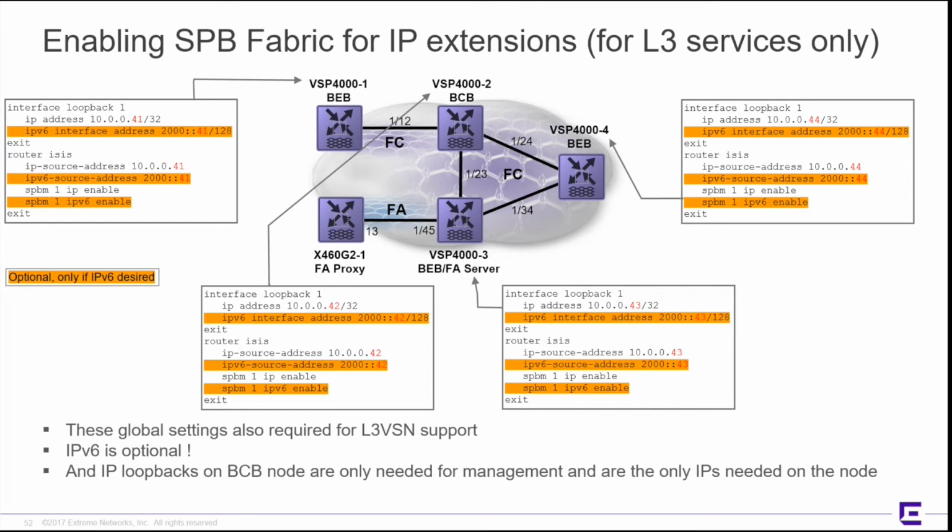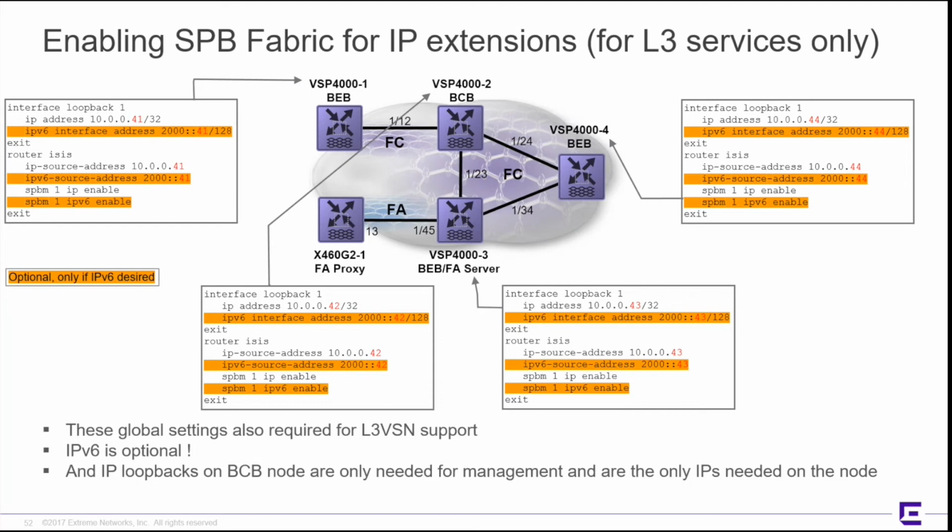Again, what you see highlighted in orange is optional. And I'm going to go through the VSP 4000-1 configuration here. Interface loopback 1, we've already seen that, of course. It has an IP address, router ISIS source address.